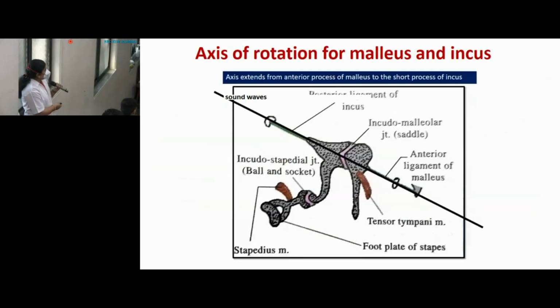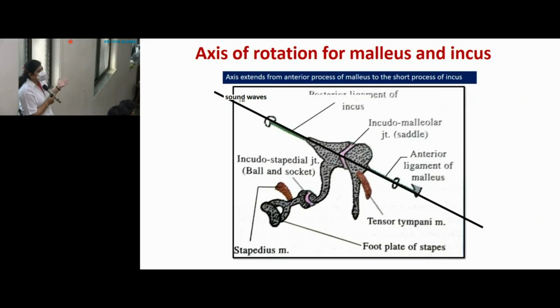So what is the axis for rotation of the malleus and incus? It passes along the posterior ligament of the incus, which is present along the fossa incudis, and passes anteriorly. Here you can see the anterior process of the malleus, which gives attachment to the anterior ligament of the malleus, connecting it with which bone?